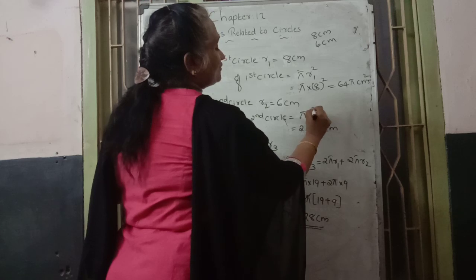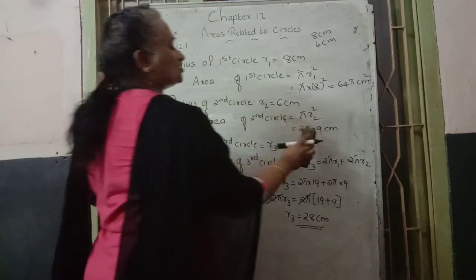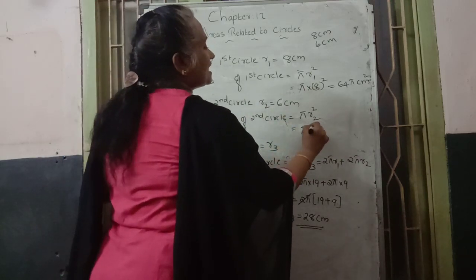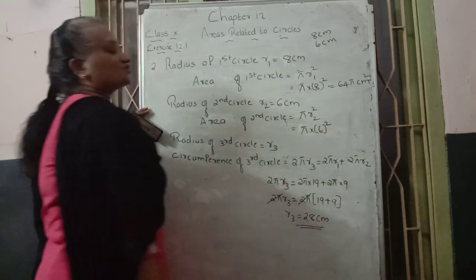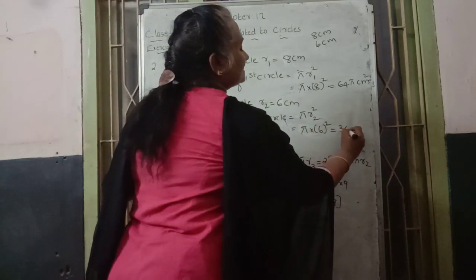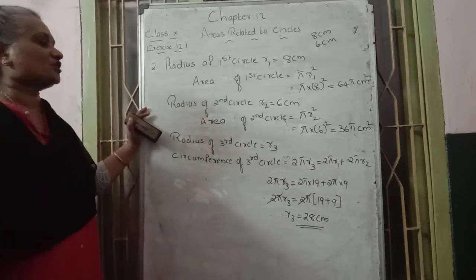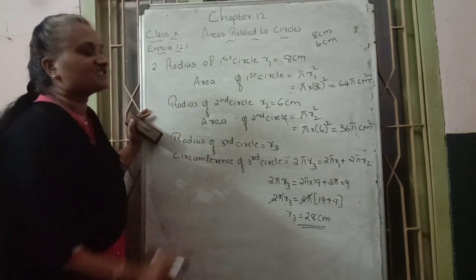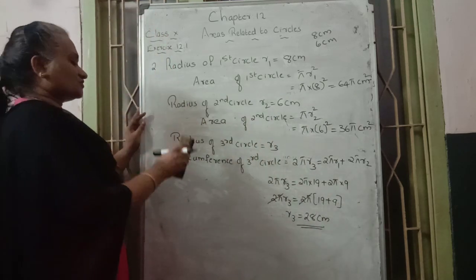Substituting, R2 is 6, so 6 square, 6 into 6 becomes 36 pi centimeter square is the answer. Area of the second circle is pi R2 square, value 36. The radius of the third circle we don't know.